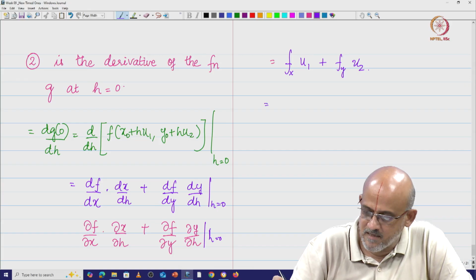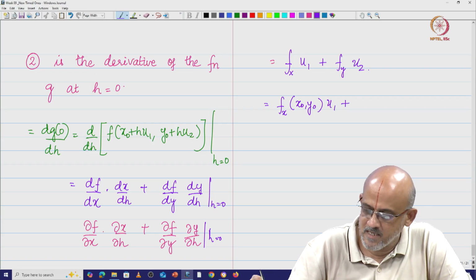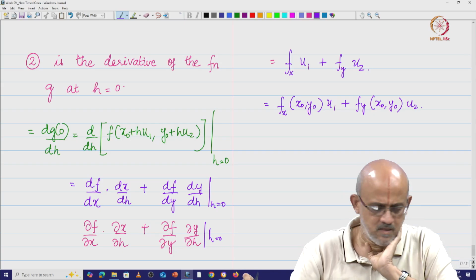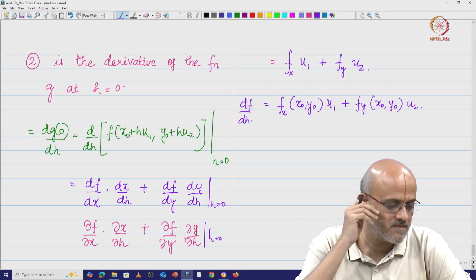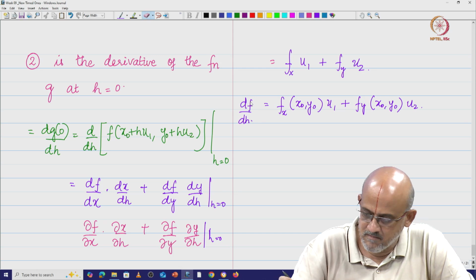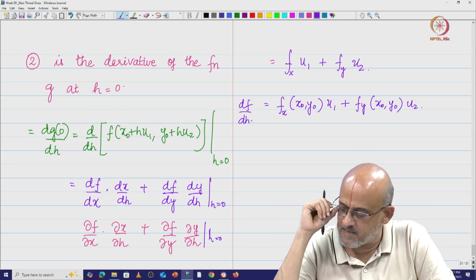We basically get fx evaluated at x naught comma y naught into u1 plus fy of x naught comma y naught into u2, right? Which is nothing but df by dh or dg by dh.